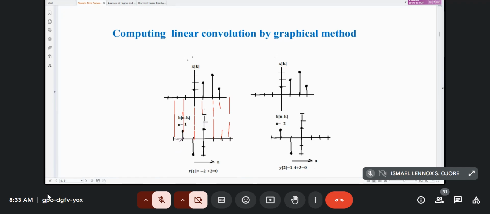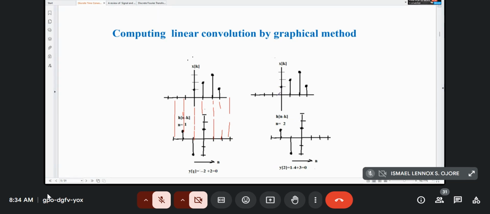So this is 0 times 1 is 0. 1 times minus 2 is minus 2. 2 times 1 is 2. And all these others are 0. So that gives us 0.